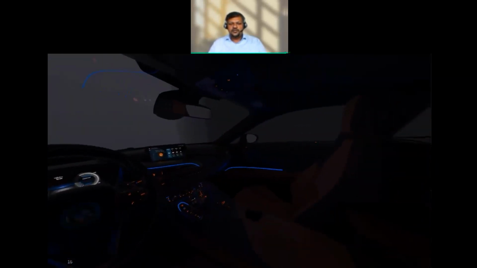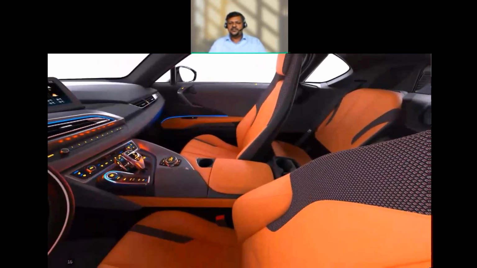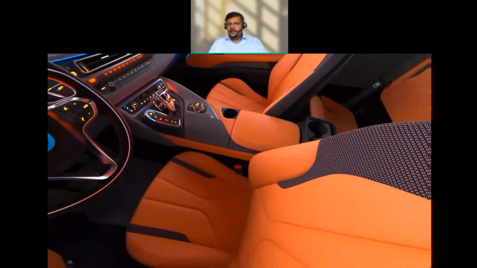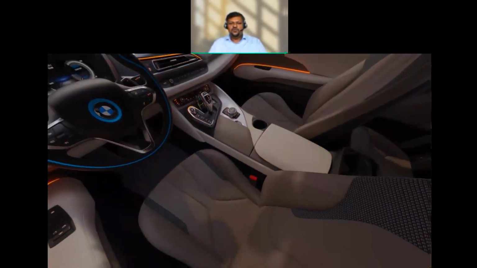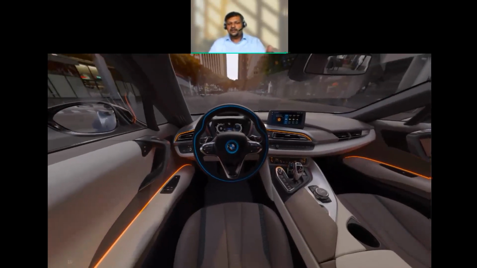We can also create different themes of interior plastics and fabric with the lighting condition, and see which looks better, how the light color and the material interact, and how good my complete interior is. That's something we can experience.